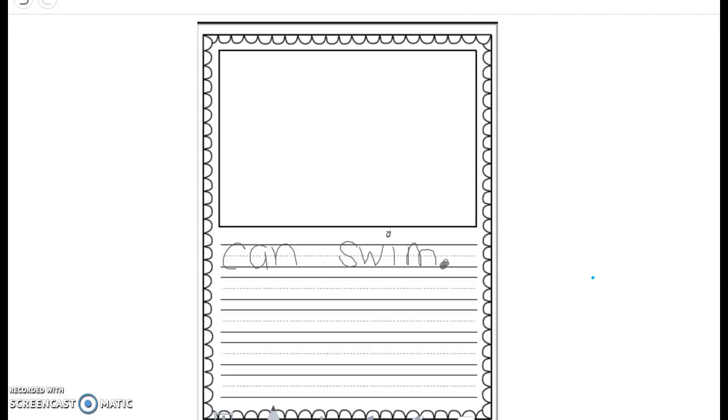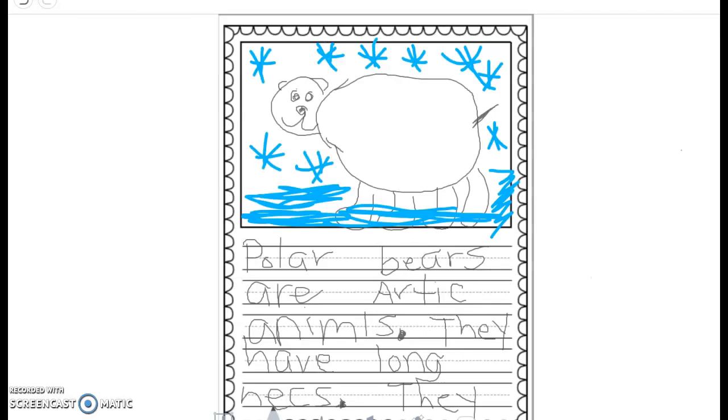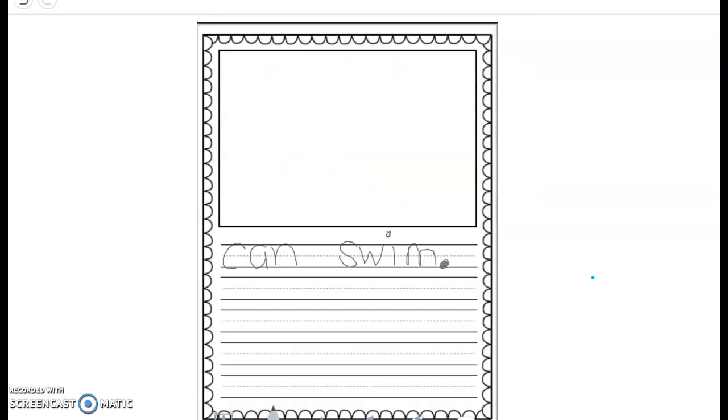Now, since I added a new sentence today, I'm going to go back to my first page. My polar bear in this picture is not swimming. So I actually can add a new picture on my second page. So I'm going to add a picture of a polar bear swimming as best I can. So I'm going to use a darker blue for the water, and I'm going to put some water up here.